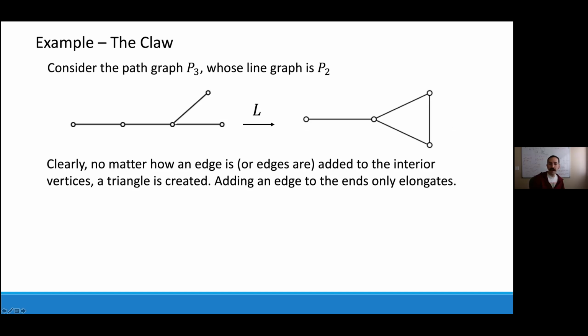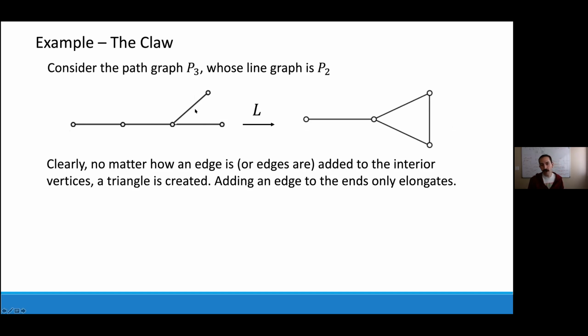So let's look at what happens when we add something in the middle, right? Obviously, if I had added this vertex and the connecting edge over here, I've just made this path longer. Nothing very interesting happens when I take the line graph. But if I add it here in the middle, right? So I have this sort of Y-shaped structure dangling. Now, this edge and this edge are both incident on this vertex.